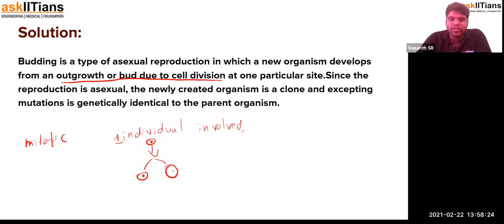There will be no differences, so that would result in no variation. So it is obvious it is an asexual reproduction. When one parent is involved with no genetic differences and two or multiple individuals are formed, it is obviously asexual reproduction. So that's why budding is an asexual reproduction.